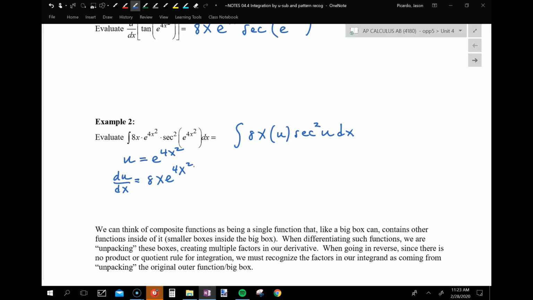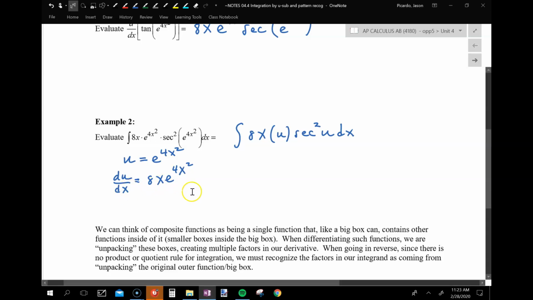How are we doing? Agreed that I can actually multiply both sides of this by dx. So if I did that, how would it read now? It would read du equals 8x e to the 4x squared dx. Still okay?